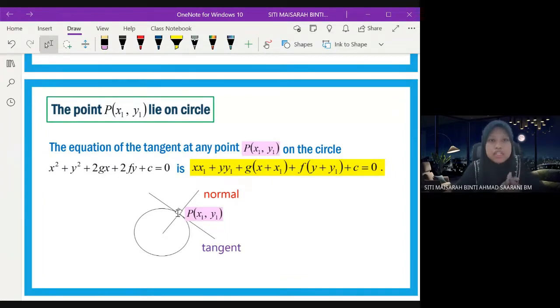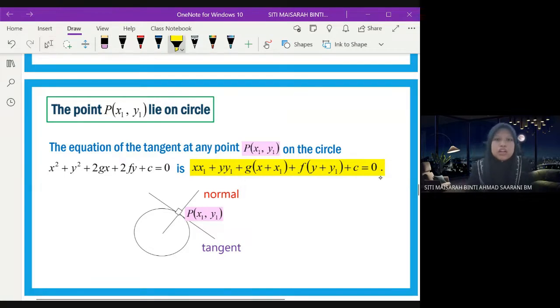The equation of tangent at any point P, X1, Y1 on the circle, X square plus Y square plus 2GX plus 2FY plus C equals to 0 is, yang kuning ni lah equation of tangent. X, X1 plus Y, Y1 plus G, X plus X1, plus F, Y plus Y1 plus C is equal to 0.